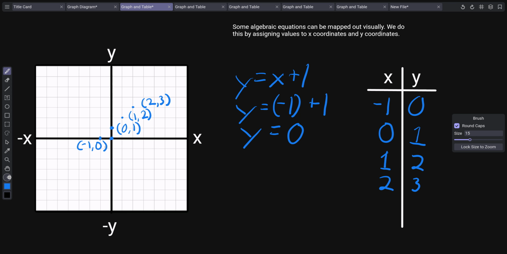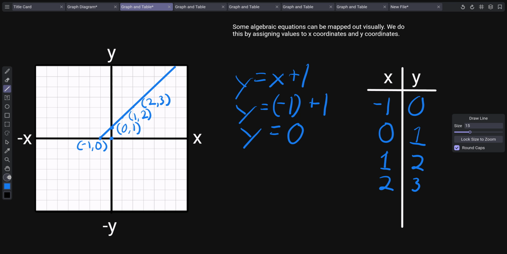And then we could do something else. We can actually create the linear equation. So because we've said that this is a linear equation, it basically means that it's going to look like a line. And then we can draw a line to help us better understand the relationship that exists between these numbers.